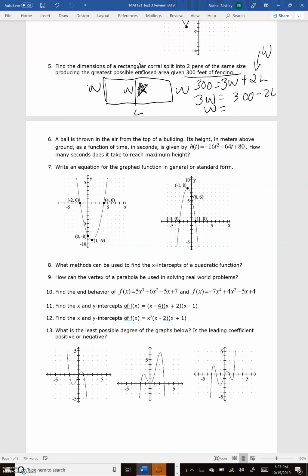So we get W is equal to 100 minus 2/3 L. Now instead of length times width, for my area I'm going to have length, which is just L, times my width, which is actually 100 minus 2/3 L.